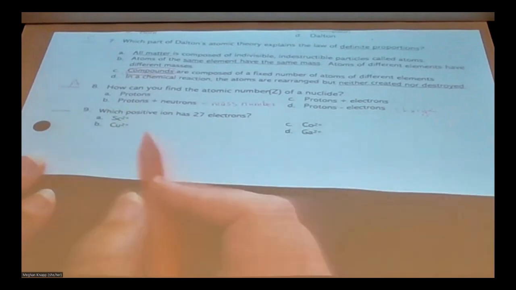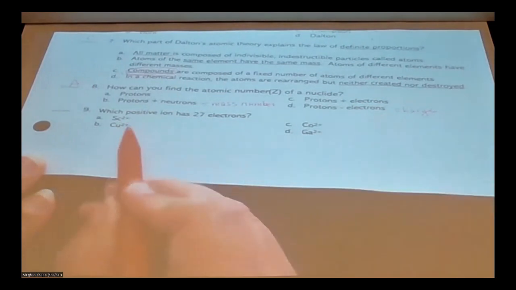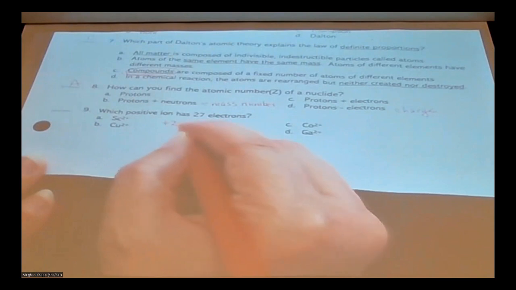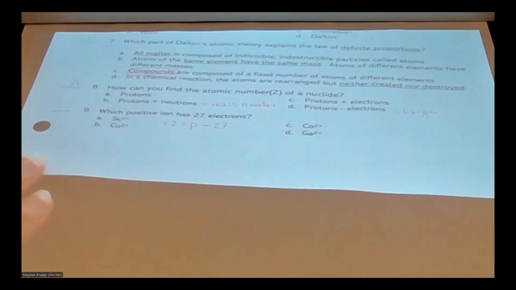We're going to plug in these numbers into this formula here. So all of these have a +2 charge. So we're going to say +2, which is the charge, is equal to protons, which we don't know, minus 27 electrons. So now it's just a little algebra problem.